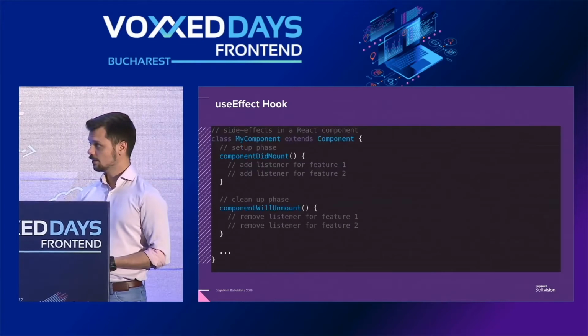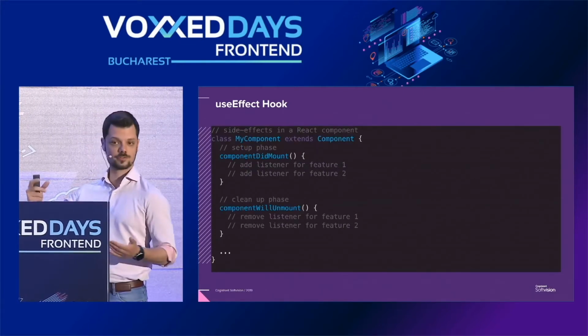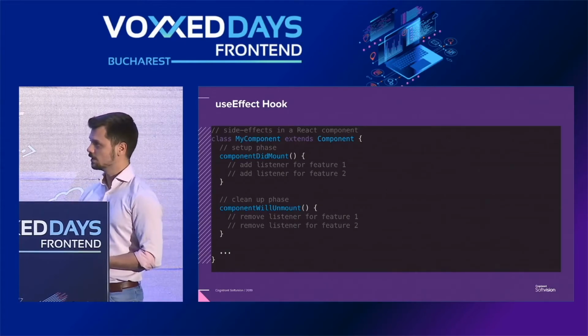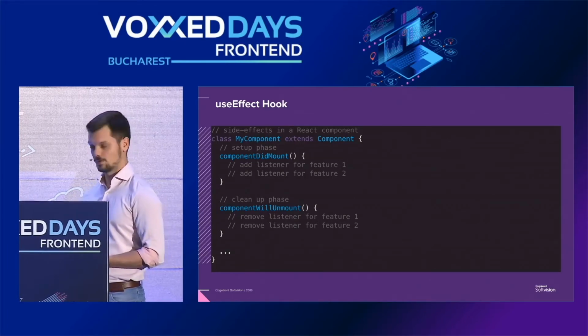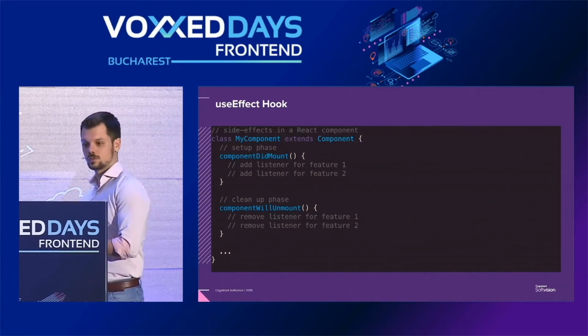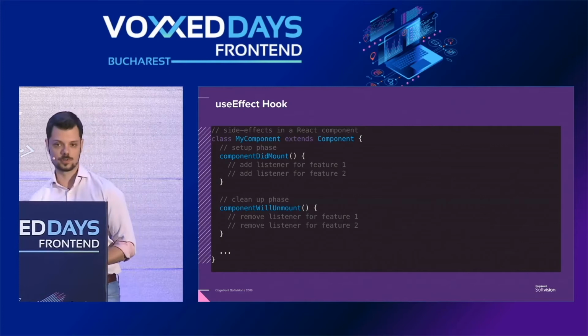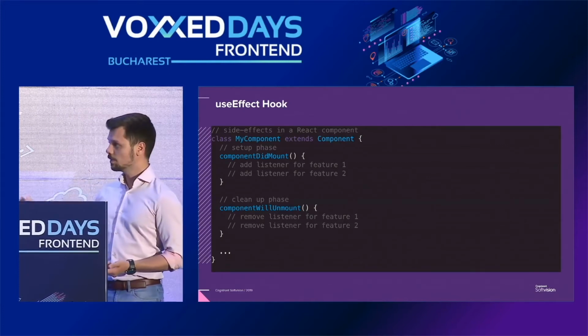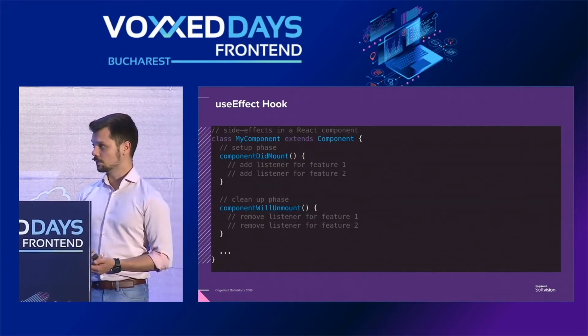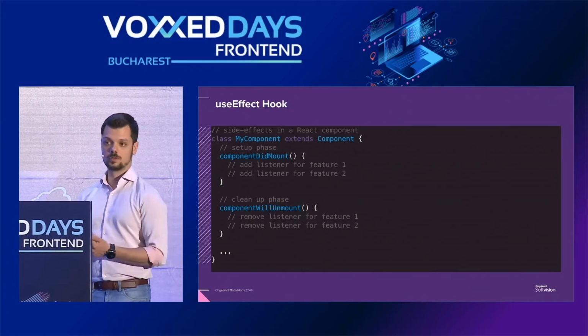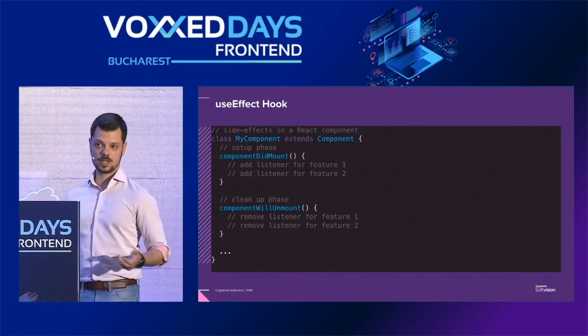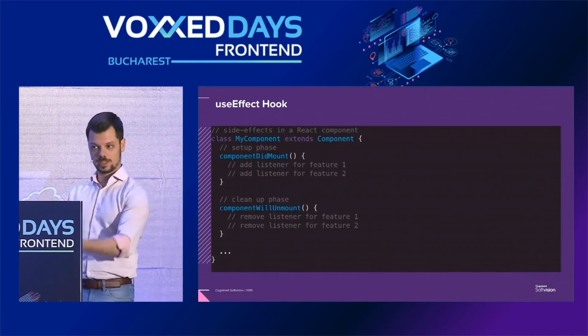So usually, our code looks like this. If we have different features in componentDidMount, we would add listeners or make requests to our backend or initialize or whatever in our componentDidMount. So the problem here is that, in our opinion, componentDidMount will never be closed, right? Every time you need to add something new, you will add it there, right?